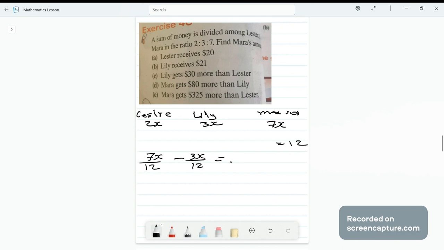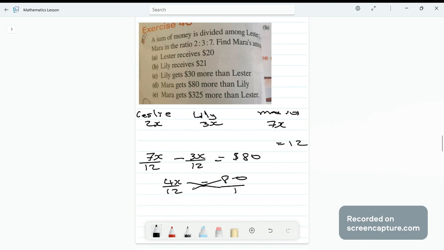That difference is equal to $80 more. Still seeing this as an algebraic subtraction, same denominator, we just subtract the numerators. 7x minus 3x gives us 4x over 12 is equal to $80.